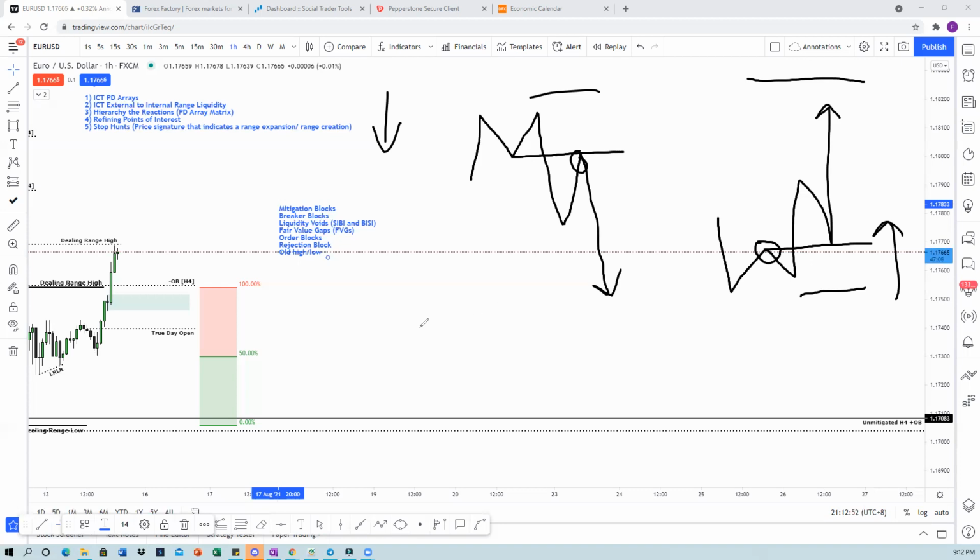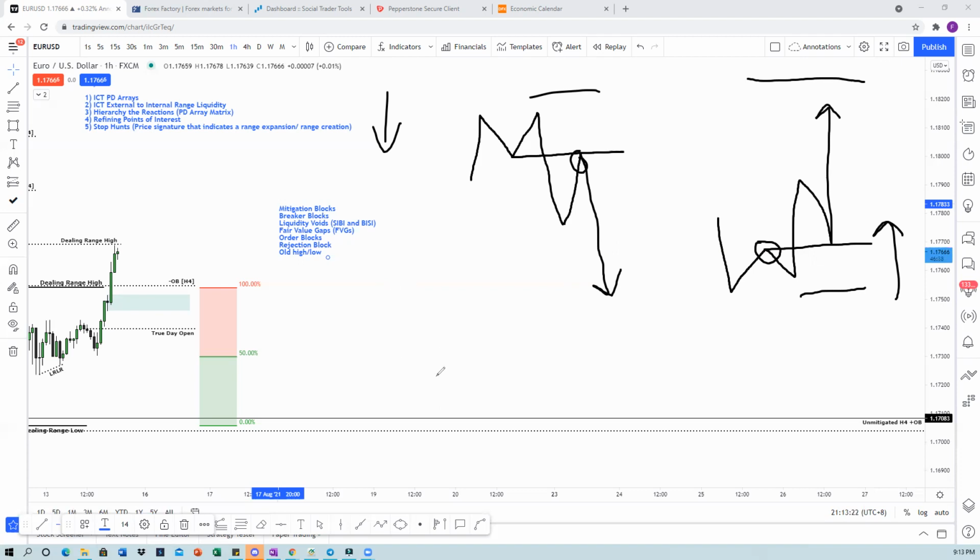A breaker, which I'm going to talk about now, and a mitigation block serve two different purposes. The mitigation block serves as a continuation to go somewhere, whereas a breaker block serves as a point of reversal most of the time.